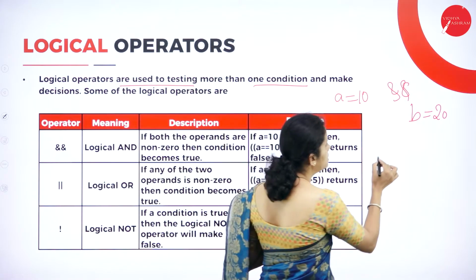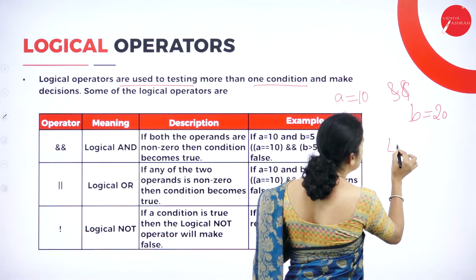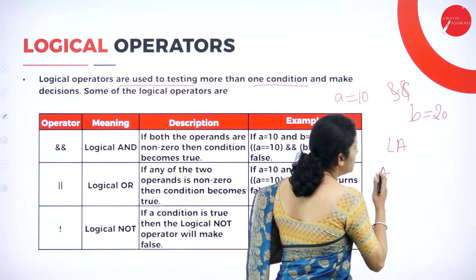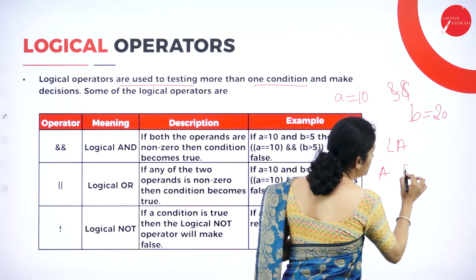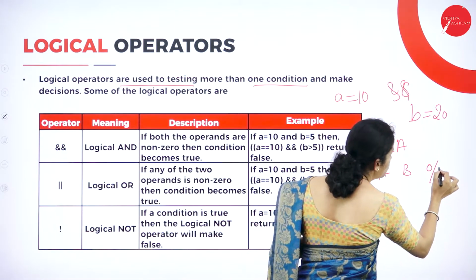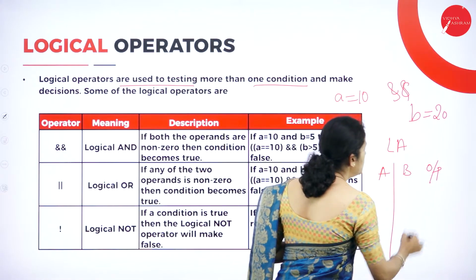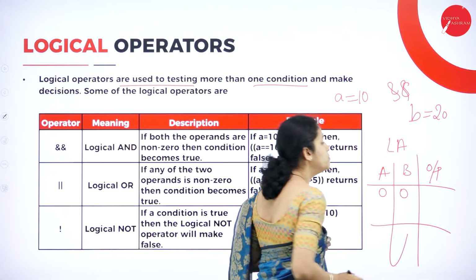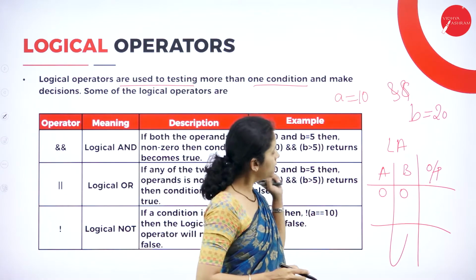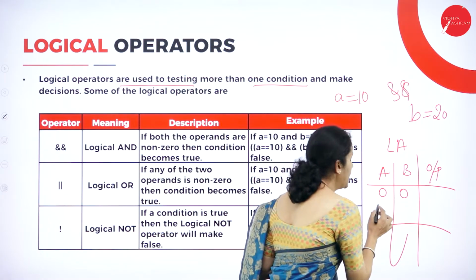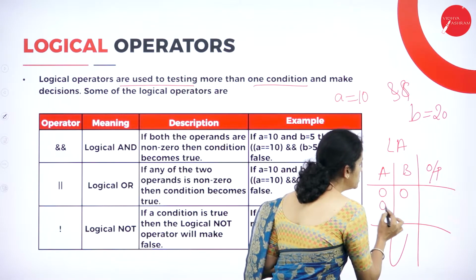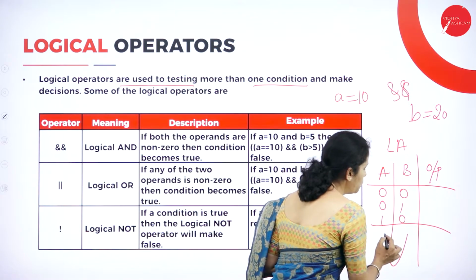And if I consider the truth table for logical AND, I'm going to have two variables A and B, and I'm going to have the output. Now I have the possibility of both being 0, that's nothing but both false values, and I can have other choices: 0 1, 1 0, and 1 1.